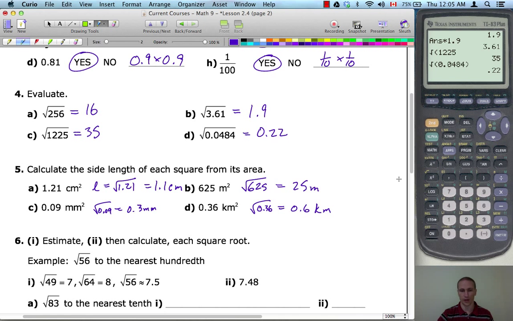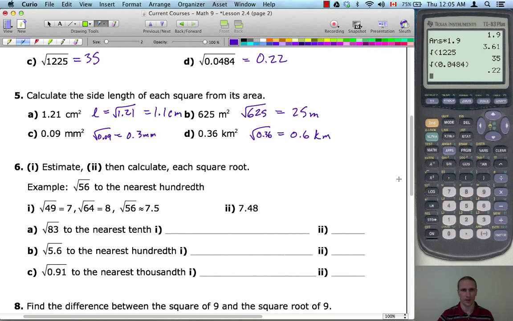Number 6, some more practice with estimating and calculating each square root. So here's an example that's done for you. If you wanted to take the square root of 56 to the nearest hundredth, you know that the square root of 49, that's the perfect square just below 56, is 7. The square root of 64, that's the perfect square just above 56, is 8.